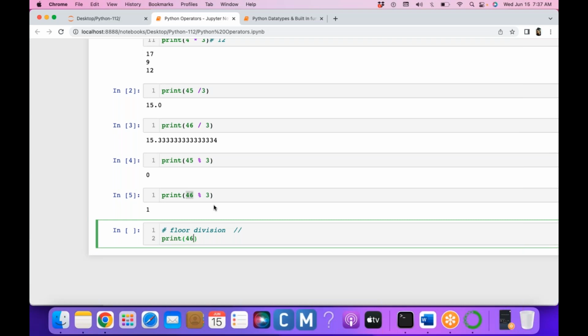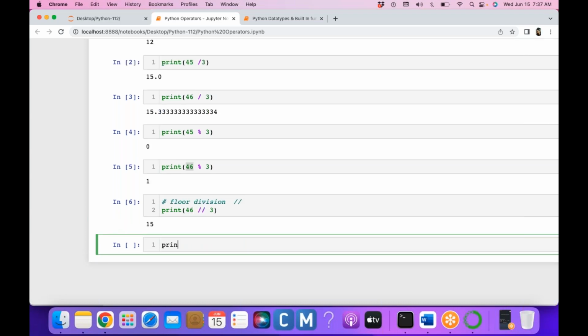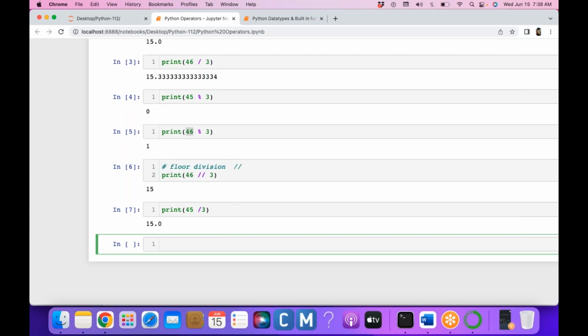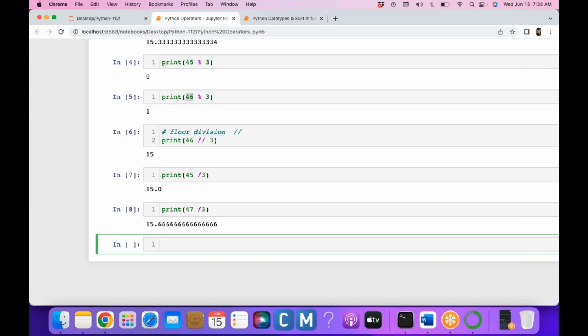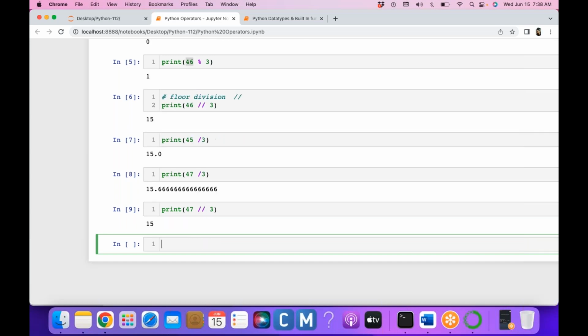For example, 46 floor divided by 3 gives 15 only. If I go with 45 divided by 3, you get 15. For 47 divided by 3, a normal division gives 15.66666, but whenever I use the floor division, you get the floor of that division, so we get 15 only. This is the difference between normal division and floor division.